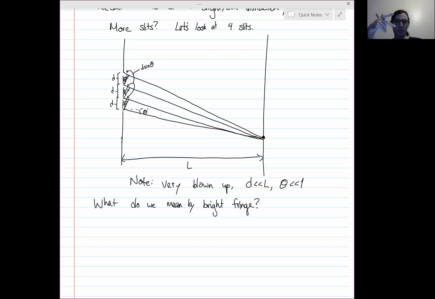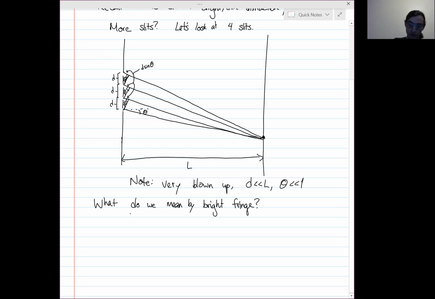A bright spot was when the 2 things constructively interfered, and the dark spot was when they destructively interfered. But now we have 4, so you have the possibility of some of them constructively interfering, some destructively interfering, some partially interfering. So before we characterize where the bright spots are, we need to define what a bright spot is.